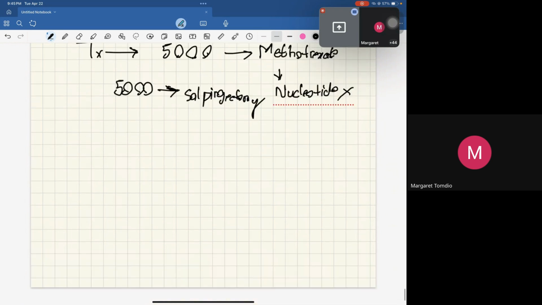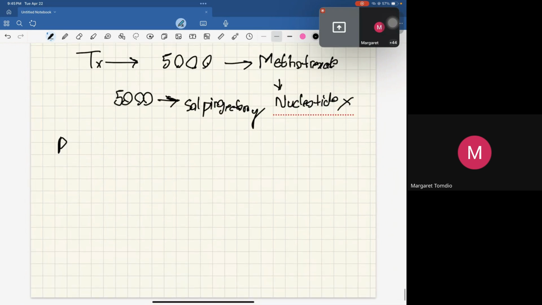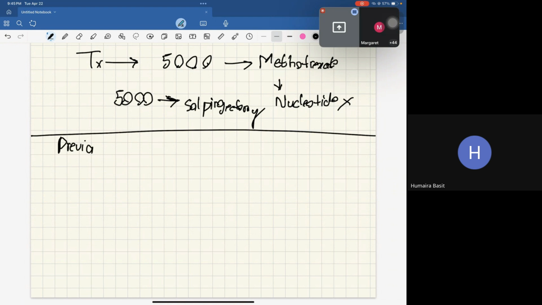What is placenta previa? When the placenta is at the lower segment of the uterus, covering this part of the uterus, it is known as placenta previa. It covers the cervix, and when this happens, there will be bleeding at this part.